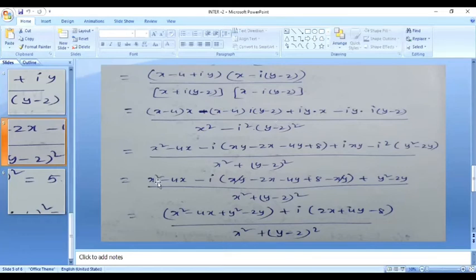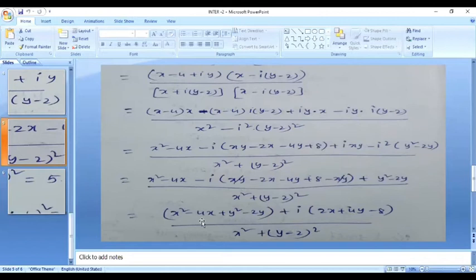In the numerator, x square minus 4x, and we take minus i common from the i terms: xy minus 2x minus 4y plus 8, and the signs change, so plus becomes minus for the xy term. Then minus i square gives plus 1 into y square minus 2y, which is y square minus 2y. The denominator is x square plus (y minus 2) whole square.